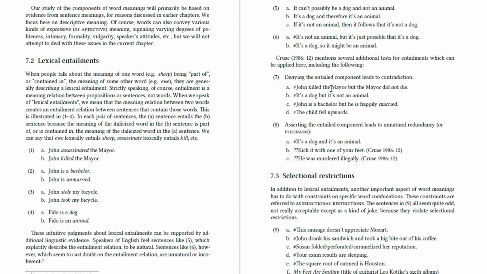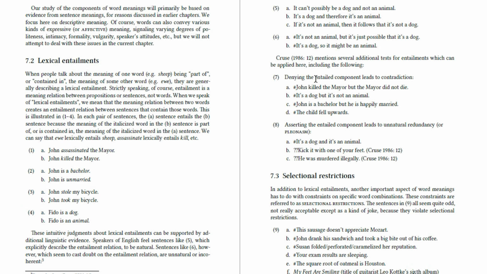Others, we have examples like number 6: it's not an animal, but it's just possible that it's a dog. And B, it's a dog, so it might be an animal. Both of them are still acceptable, but it looks like there is cast doubt. Cast doubt means quick doubt about what the speaker meant or what he really wants to tell others.